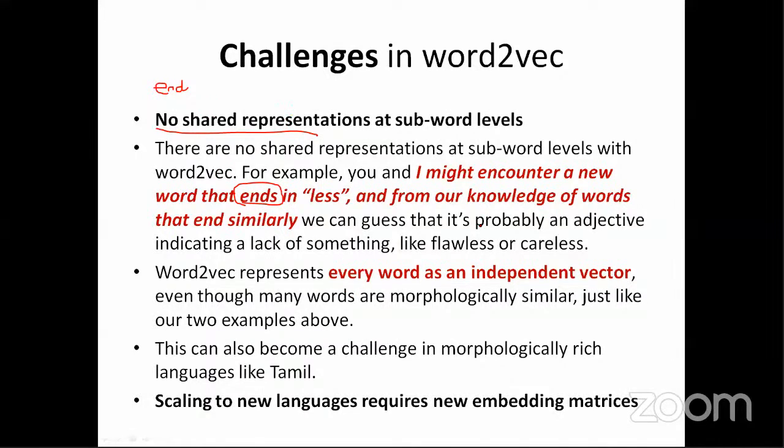Because of this there are problems in languages like Tamil, Malayalam, Telugu or Kannada, because they are morphologically rich languages. If you take the Telugu equivalent of 'play', you will get nearly 10,000 different forms for the word, but English has only about 5 forms: play, playing, played, and so on. In Tamil also we have 10,000 forms. So for that kind of words, we require a model to handle subword levels, some character-specific model. That is missing in the word2vec model. So these are the challenges in the word2vec model.